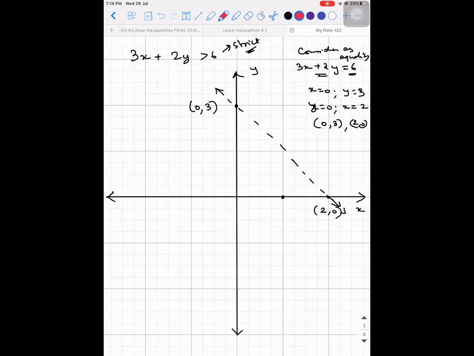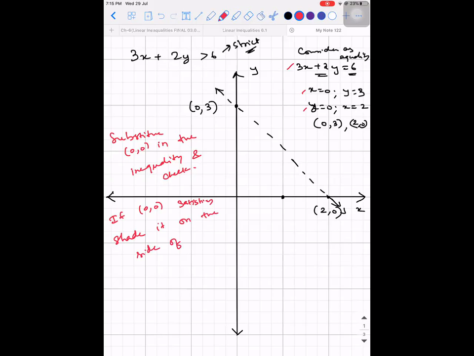Now, after you do this, what is the first step? Equality. Put x is equal to 0, y is equal to 0. After you do all these things, substitute 0, 0 in the inequality and check. If 0, 0 satisfies, shade it on the side of the origin.